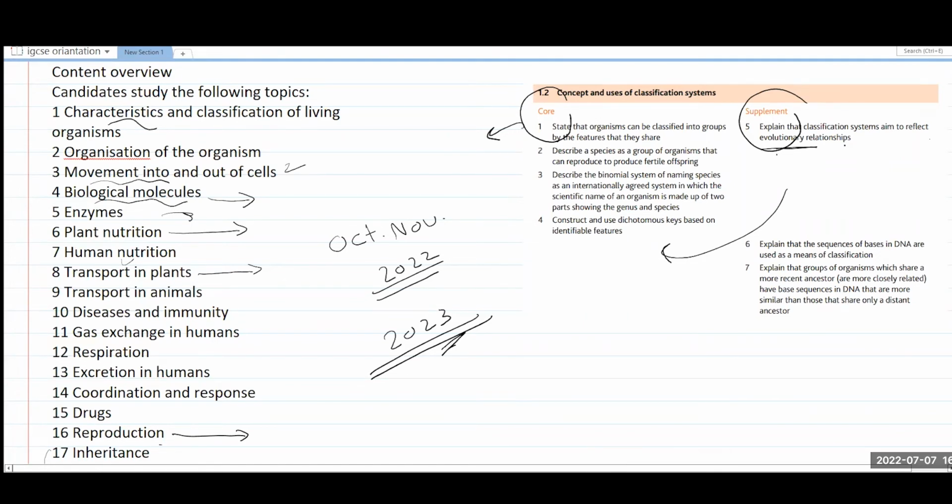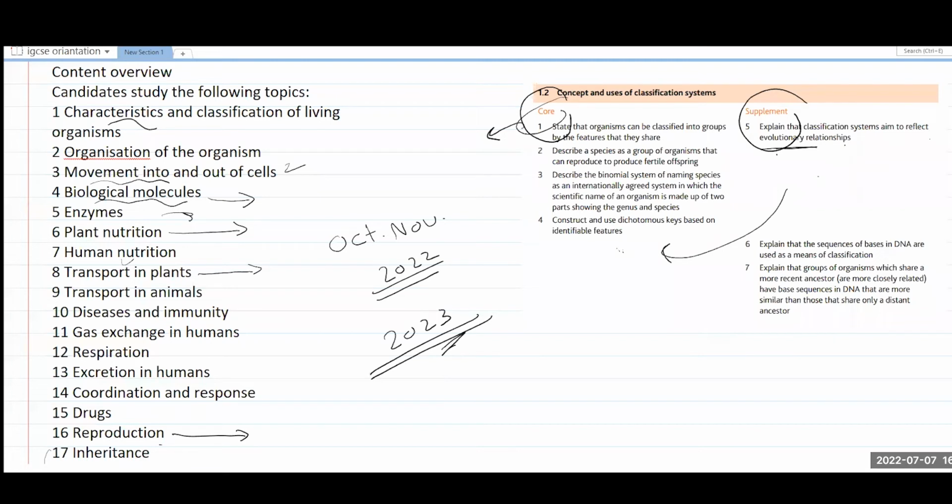You understand? So in the supplement we give more details or applications for what we learned in the core, or an extension of the information which we handle in the core. You got it?